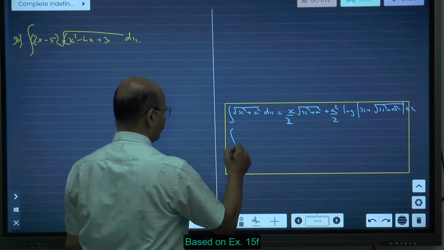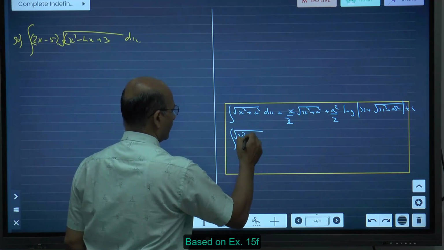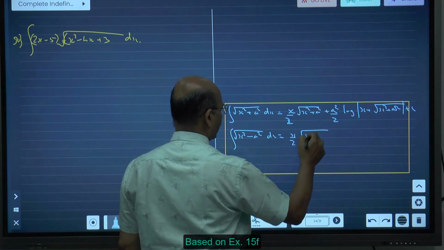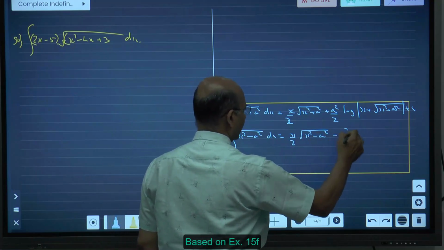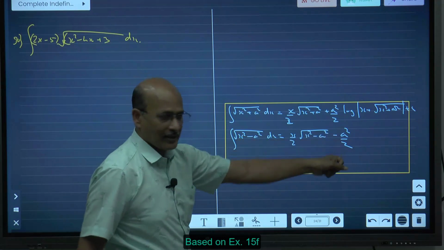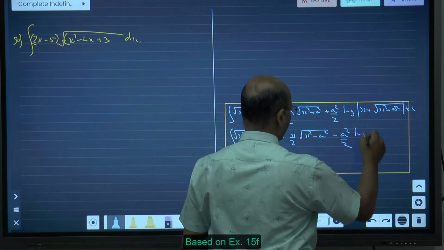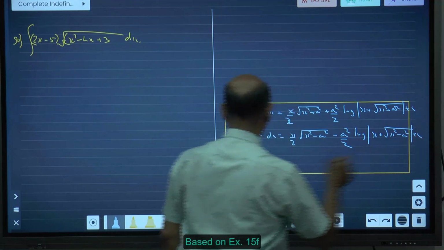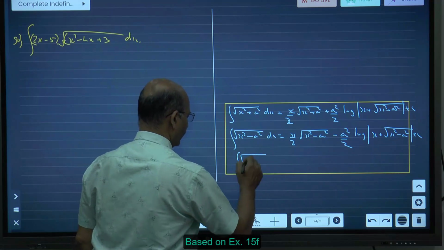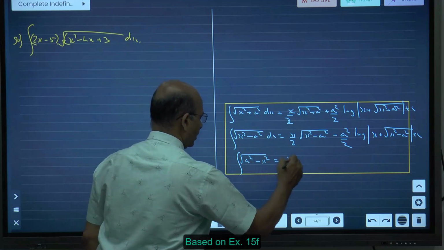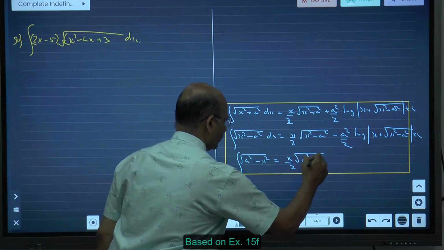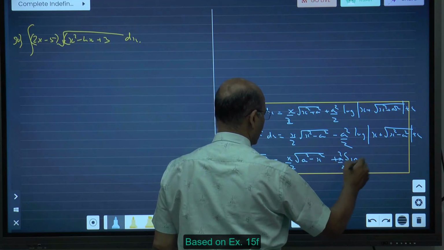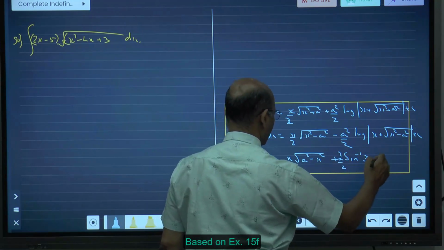So, similarly, root of x square minus a square dx is equal to x by 2 root of x square minus a square by 2. Remember, when minus, it will be minus a square by 2 log of x plus root of x square minus a square plus c. Similarly, root of a square minus x square is x by 2 root of a square minus x square plus a square by 2 sine inverse x by a plus c.